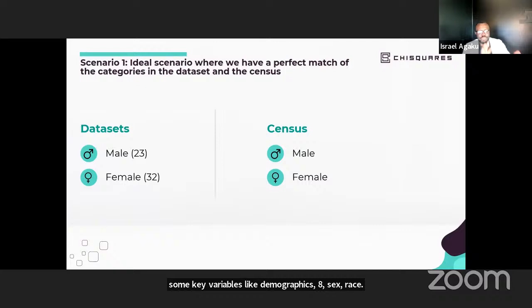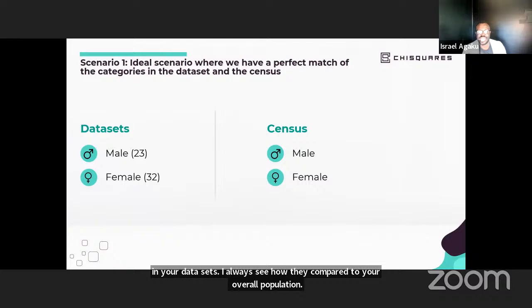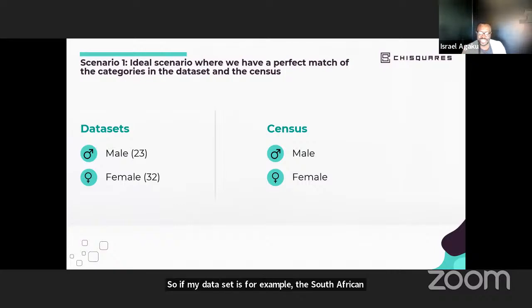You want to compare those variables in your data set and see how they compare to your overall population. So if my data set is, for example, the South African population, I want to see what percentage of people in my data set are male and female, and how does that compare to the South African population overall based on, for example, census data.